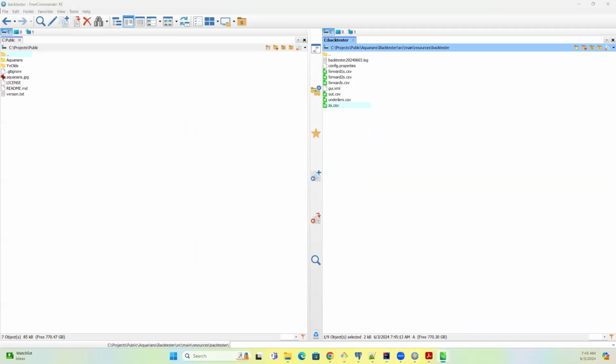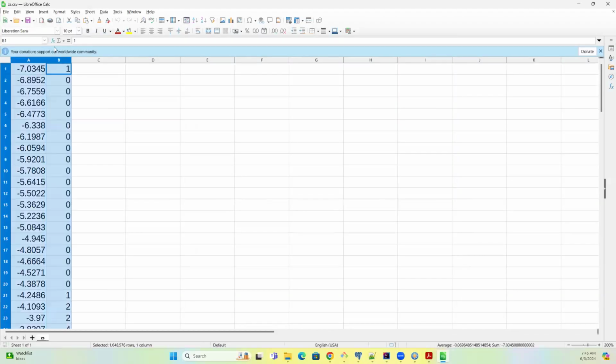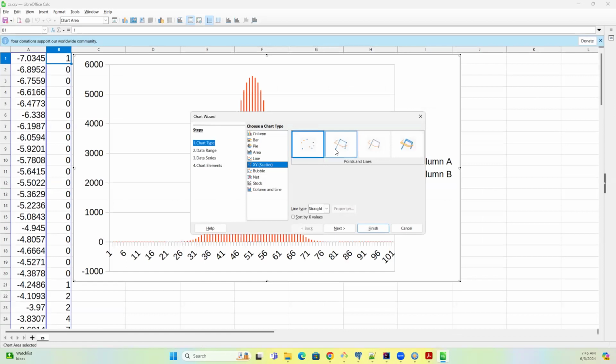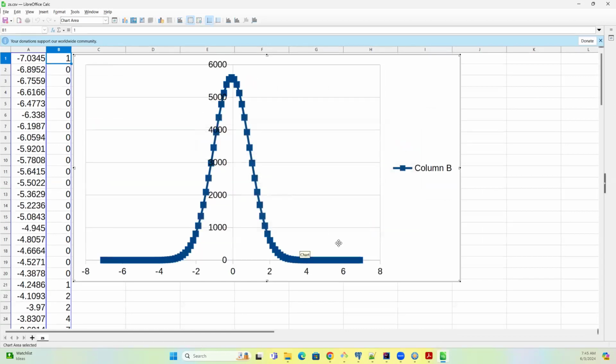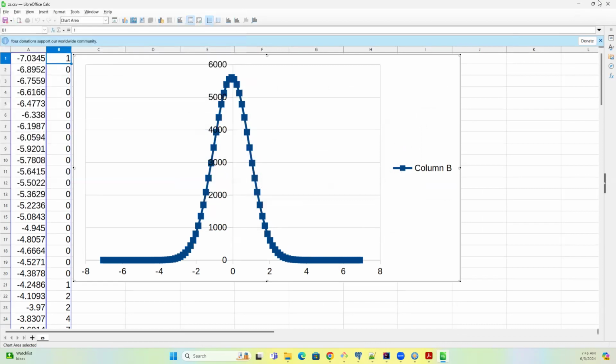I've created a histogram of it, and if we look at it, insert chart, well, it's a perfect normal distribution. So we have generated the standard normal just fine.